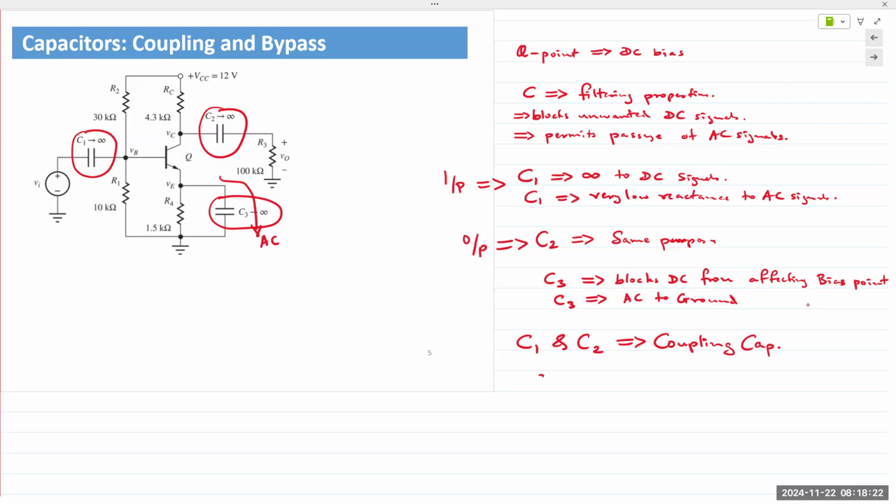And C3, as the name suggests, bypasses the AC signal, provides it a pathway to ground. Hence, it is known as a bypass capacitor. So again, we are using the filtering function of a capacitor. And depending on the application, we call them either a coupling or a bypass capacitor.